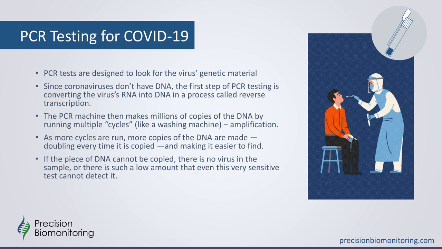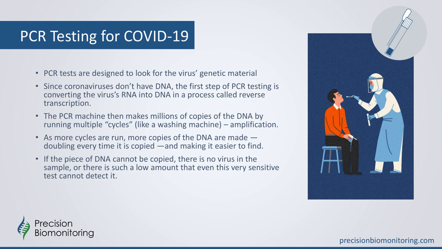If you think about the image in the previous slide, splitting all of the genetic material apart and then making a second copy of it, basically what you're doing is doubling the amount of that target present every single cycle. That makes it easier to detect if it's there in really small quantities to begin with.